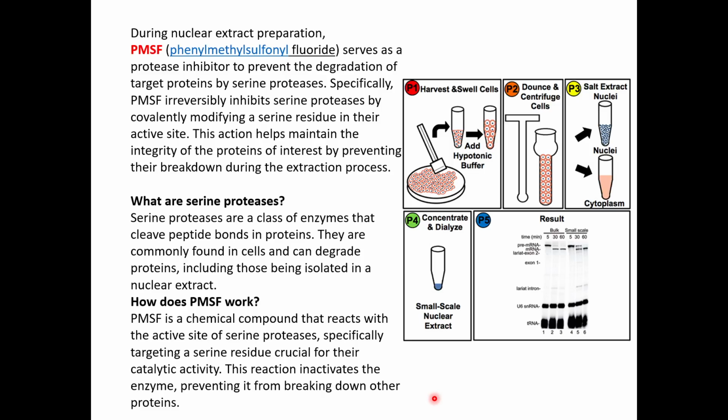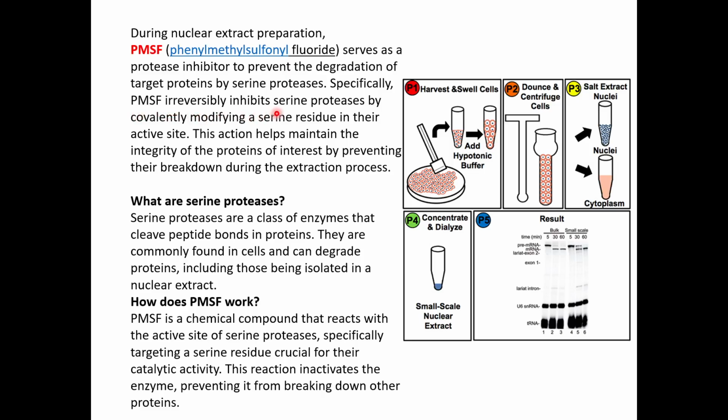Then we have PMSF. During nuclear extract preparation, PMSF, that is phenylmethylsulfonyl fluoride, serves as a protease inhibitor. It prevents the degradation of target proteins. Your proteases are basically what degrade your proteins, so PMSF is an inhibitor of these proteases so that your proteins don't get degraded.